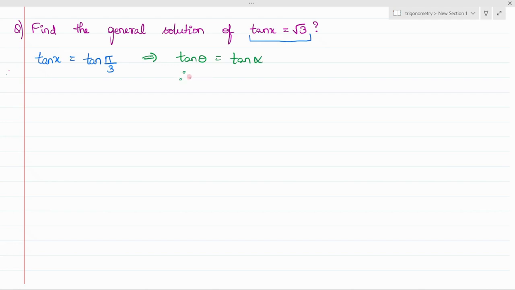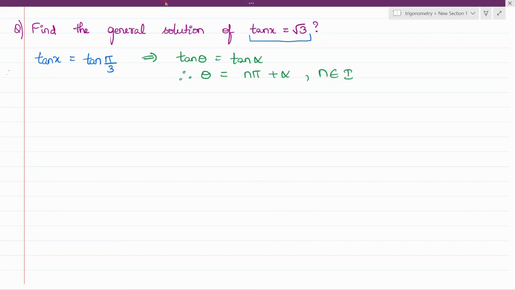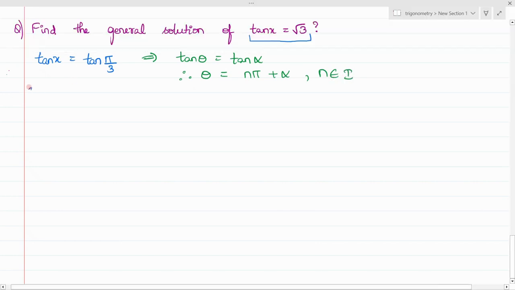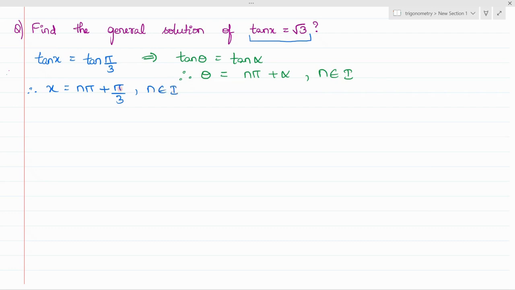And we have just seen the general solution for this, that is theta is equal to n pi plus alpha, where n belongs to all the integers. So just write the solution for the same. It becomes x is equal to n pi plus pi by 3, where n belongs to all the integers. And here pi by 3 also lies between minus pi by 2 to pi by 2.